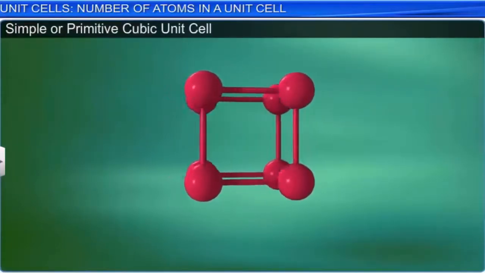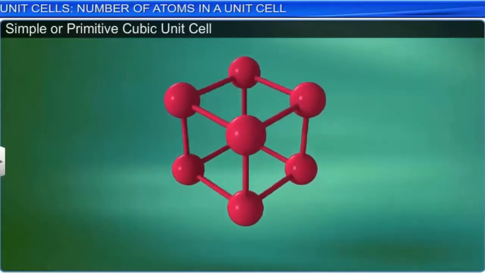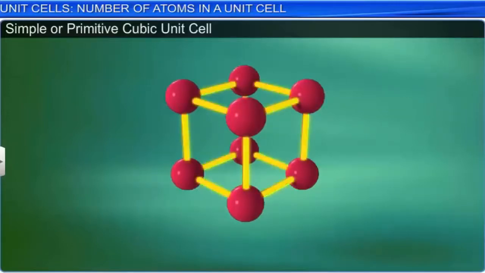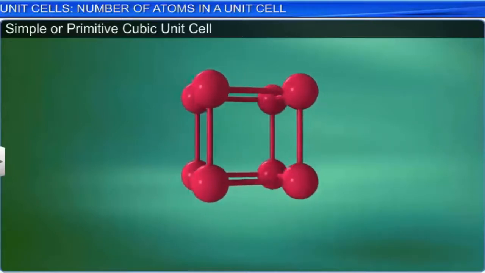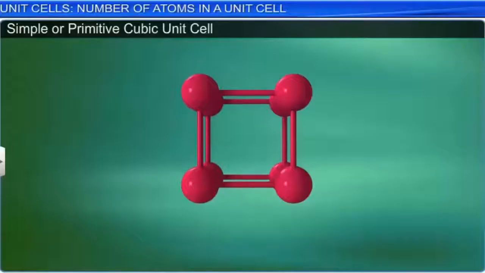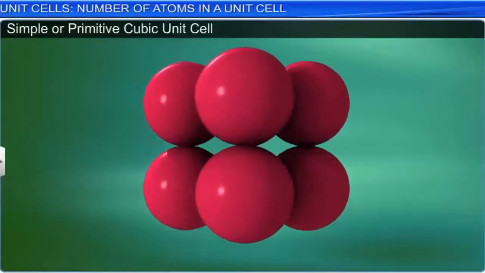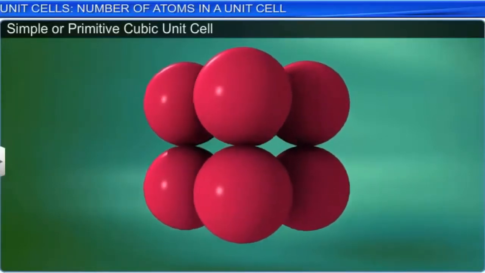A simple cubic lattice consists of 8 atoms at the 8 corners of a cube. In the open structure shown here, the distances between the atoms are greatly exaggerated. In reality, the atoms are packed much more closely together, as shown in the space-filling model here.